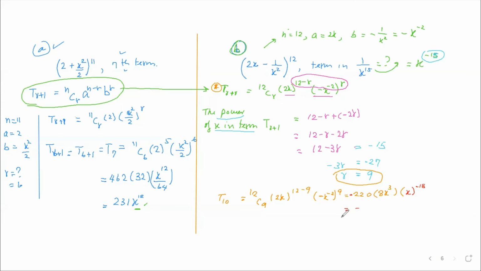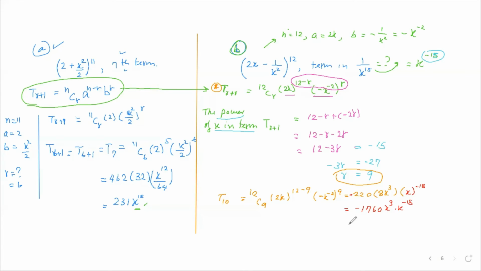So we have 220, so gonna be what? 220 times 8, so equal to 1760, and x power 3 times this x power negative 18, right?